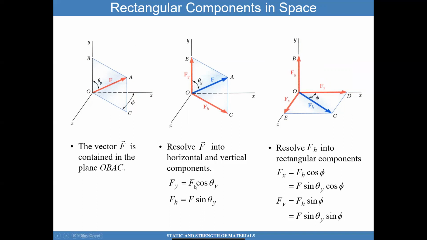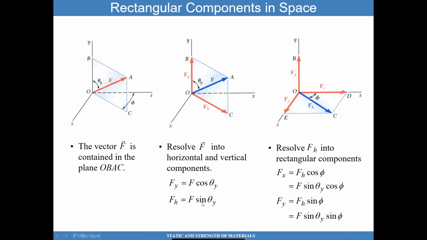And that's what you see here. Now, if I want to project F onto OC, I have to look at 90 minus theta y, because the angle between OA and OC is 90 minus theta y. So projecting F onto OC is F times cosine of 90 minus theta y, but the cosine of 90 minus theta y is really the sine of theta y.